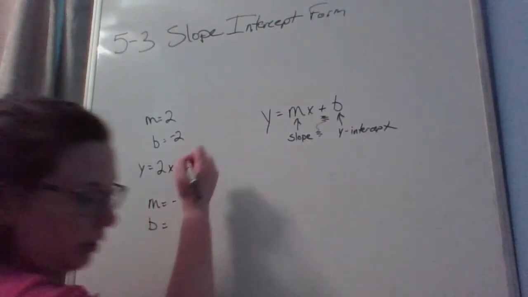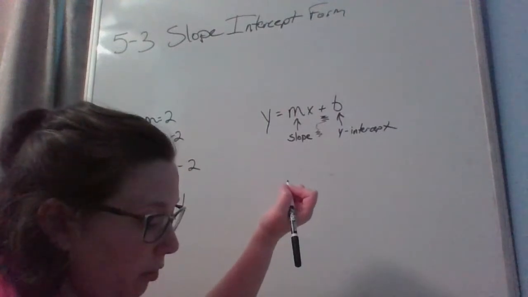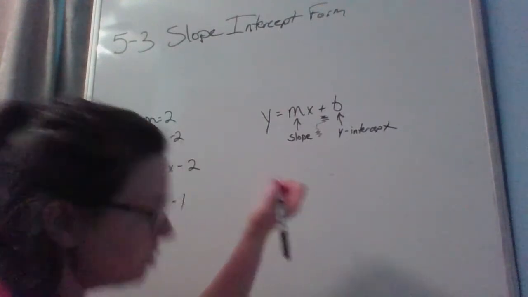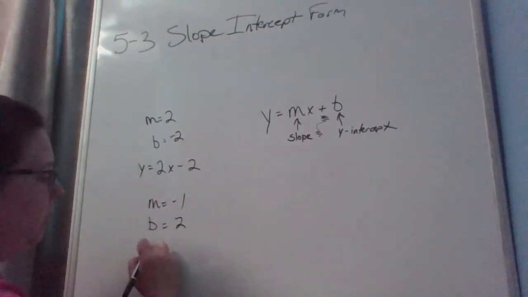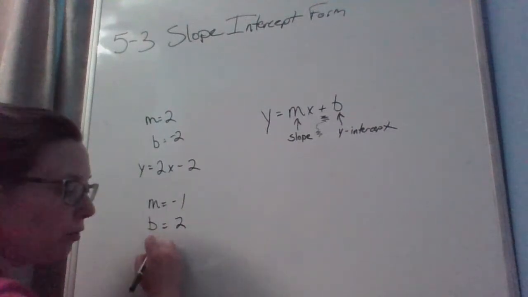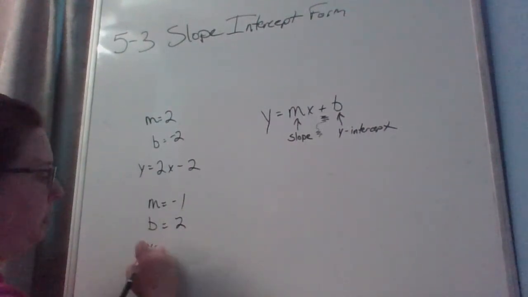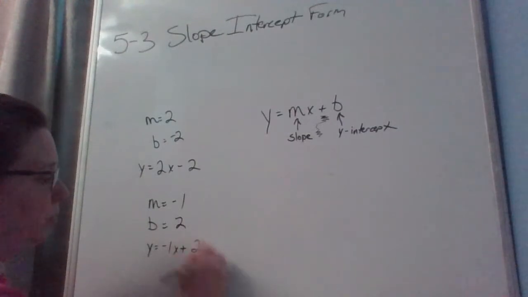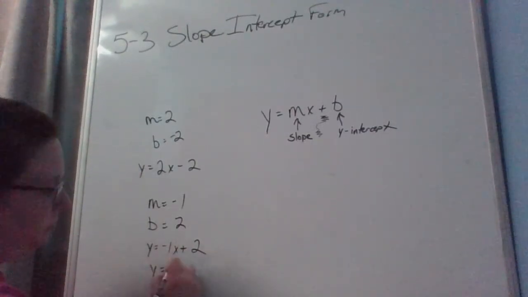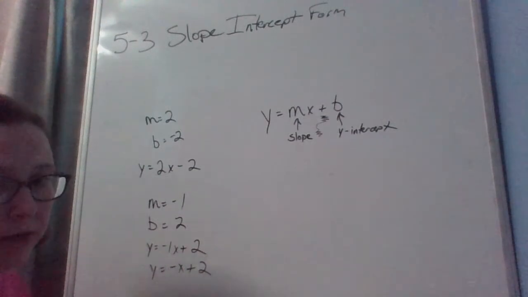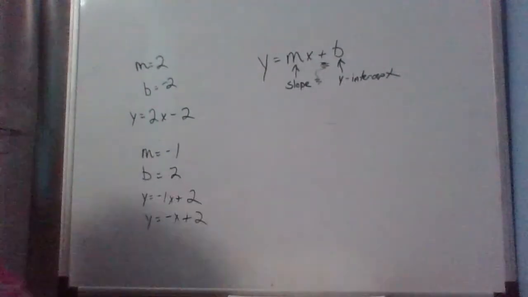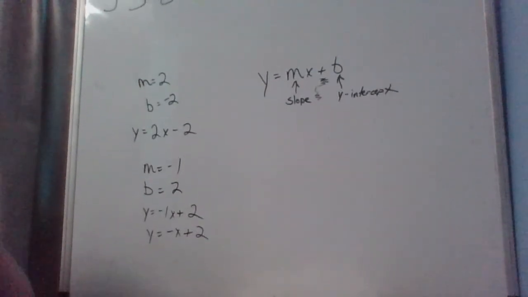And my y-intercept here, wherever my line hits the y-axis, is +2. So our got it 3a would be y equals -1x plus 2. I can simplify this and just say -x plus 2. Y equals -x plus 2 would be a nice simplified answer.